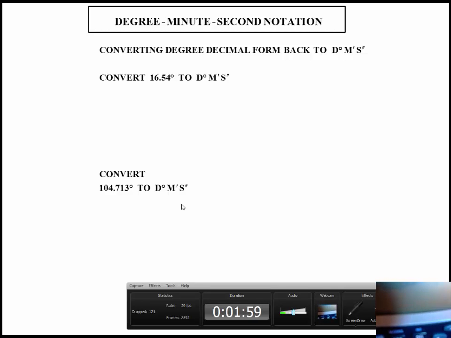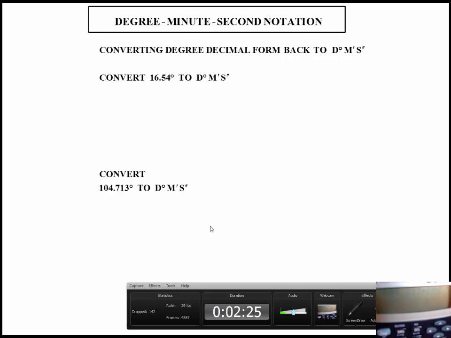Hit that degree minute second button again. Now if I scroll all the way over to the right, looky there, it's got a little DMS button there. And it says, do you want that decimal in degrees and degree minute second form? And we can say yes. And voila, 104 degrees, 42 minutes, 47 seconds as we projected.